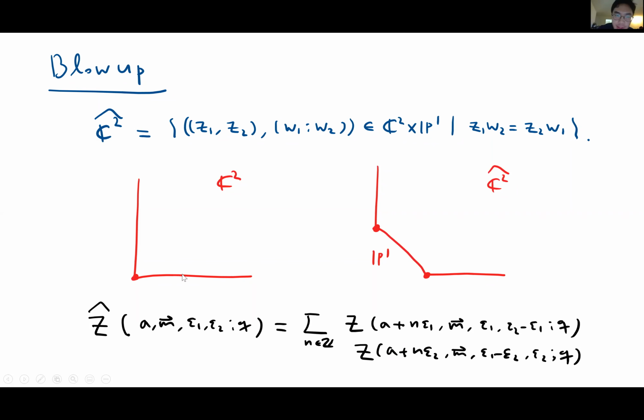So basically the idea is that the fixed point of the isometry before the blow-up is just a single point at the origin. But after the blow-up, the fixed points of the isometry become two, because we have the north pole and the south pole of the P1.